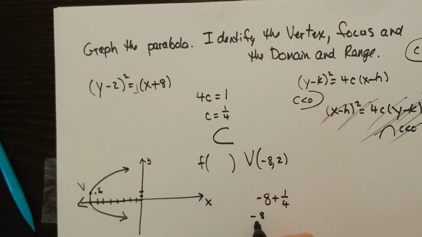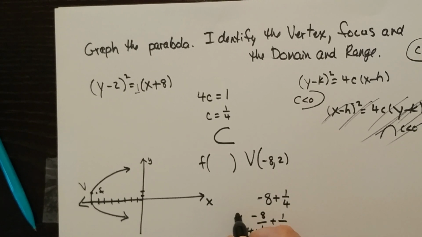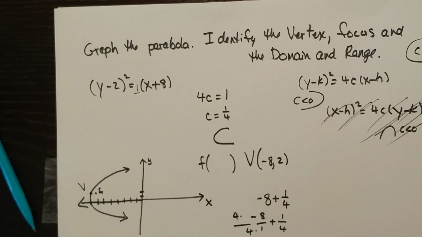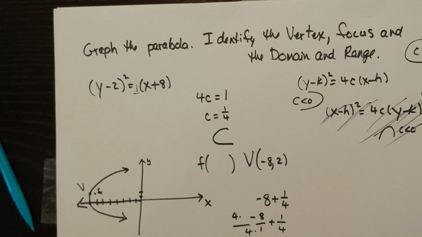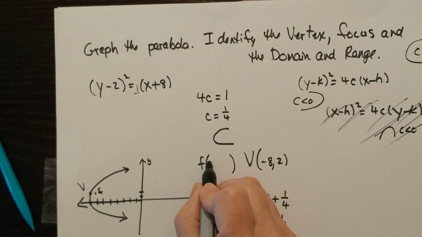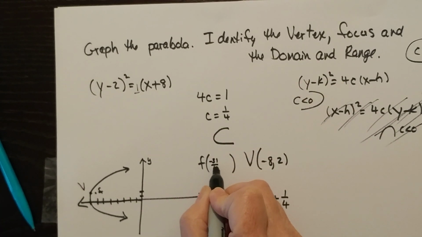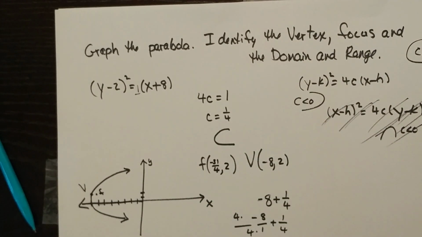That's -8 over 1 plus 1/4, and I multiply by 4 over 4, getting the lowest common denominator. This is -32 over 4 plus 1/4. When you have a common denominator, you can add the numerators. That becomes -31, and you keep the denominator. So the focus is going to be at (-31/4, 2), at the same height of 2.